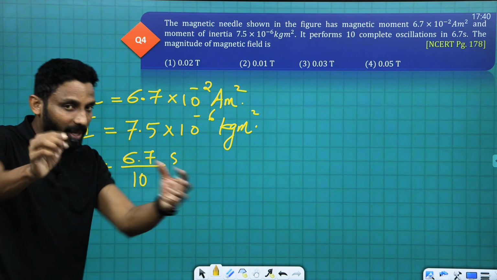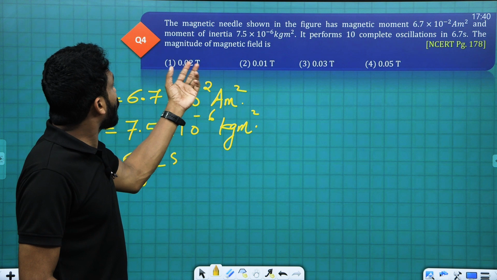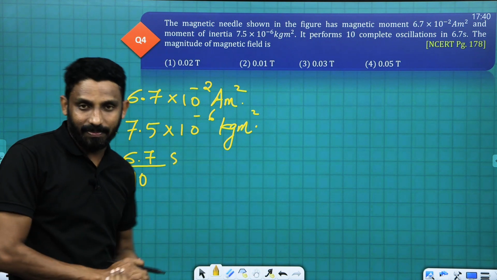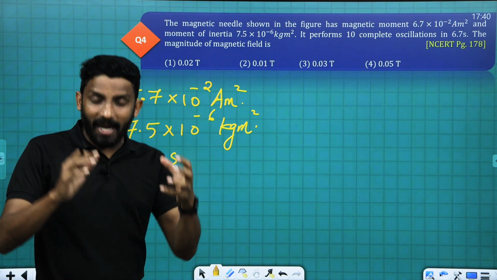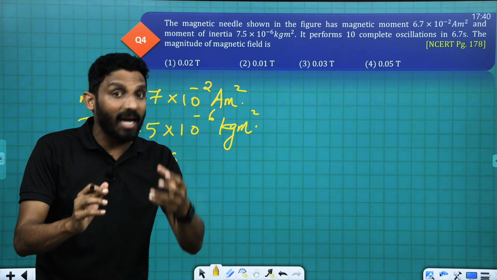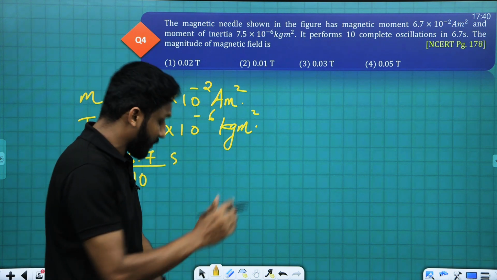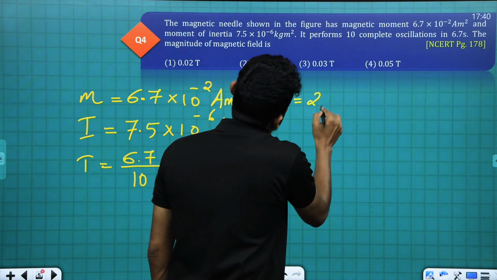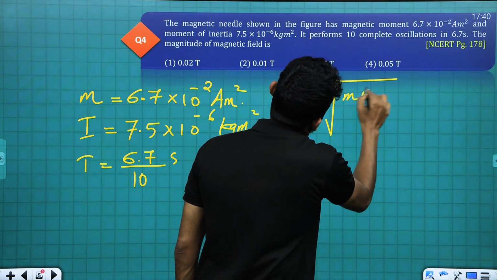The magnitude of the magnetic field is asked. For the oscillation of a magnetic needle in a uniform magnetic field, we studied the formula: the time period of oscillation is 2 pi into root of I divided by MB.